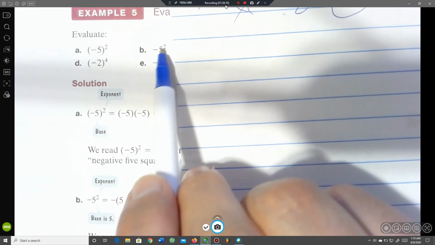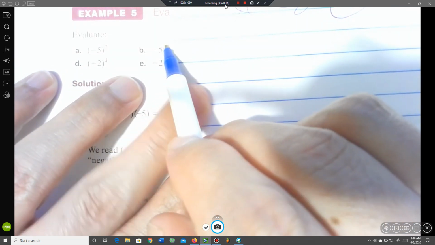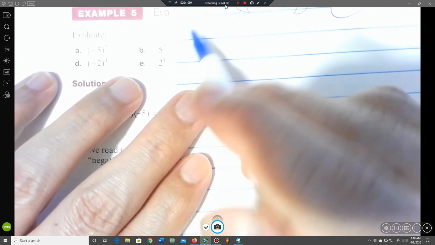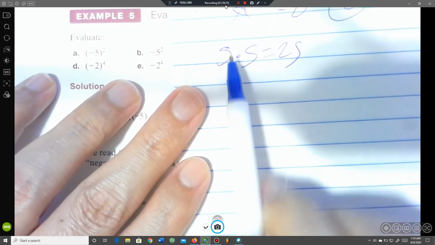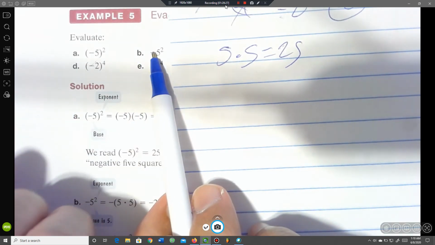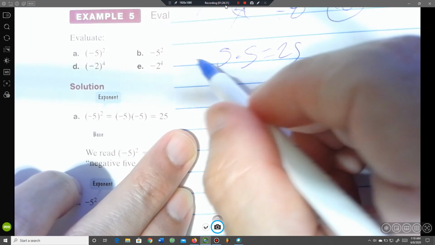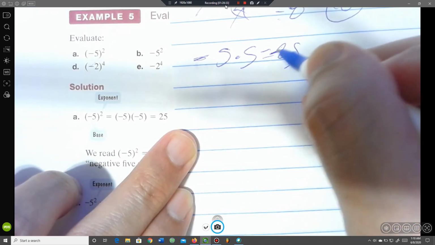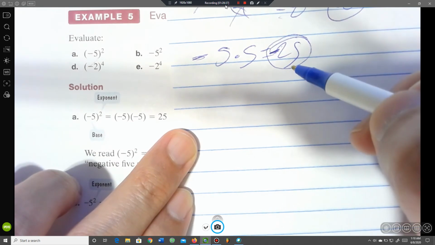So what does that mean? You need to write 5 twice and then multiply it, and the answer is 25. However, you didn't touch the sign there. The sign is way over here, so just rewrite it with the answer. The answer is negative 25.